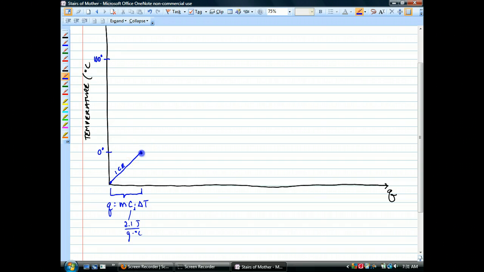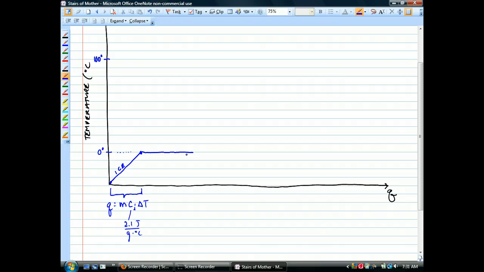Now, as I continue to add heat, once I have raised the temperature of the ice to 0, something different happens. Okay, so as I continue to add heat, this happens. The temperature doesn't change.